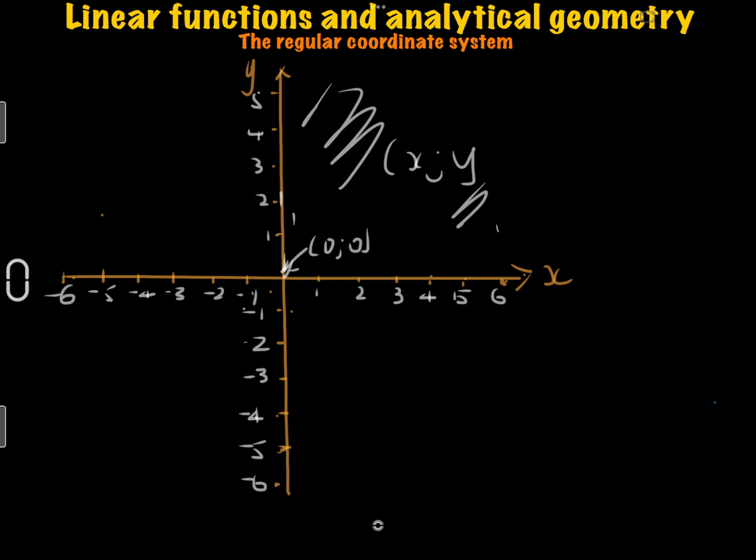All these values, starting from the origin going to infinity, are positive. So x and y are positive in the first quadrant.